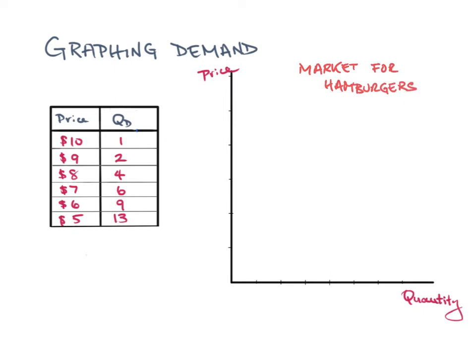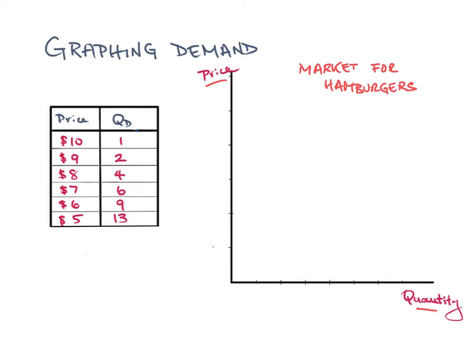Okay, we create a graph. On the vertical axis is price. On the horizontal axis is quantity. Please, if you're drawing a graph like this, label your axes so it's clear what is on them. And then I put some grid marks here.